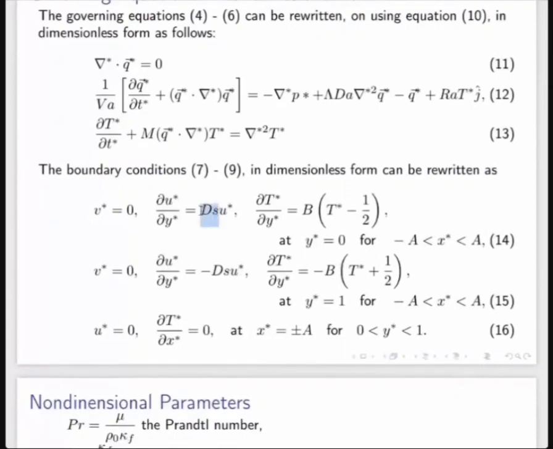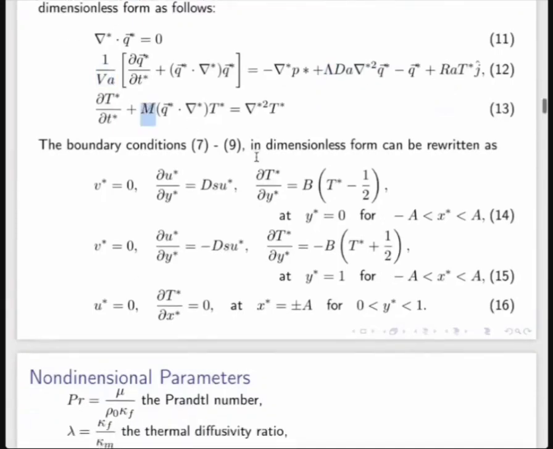And here we are getting this Ds, which is the slip Darcy number, and we have the Biot number B, and we have the aspect ratio A, which is the ratio of length to breadth of the enclosure, and Ra is the Rayleigh number. It is the Darcy-Rayleigh number, and Da is the Darcy number, lambda is the Brinkman number or the viscosity ratio, Va is the Vadasz number, M is the ratio of heat capacities.